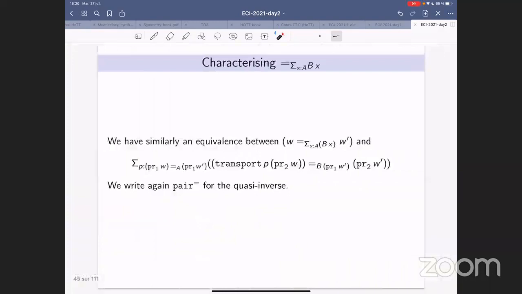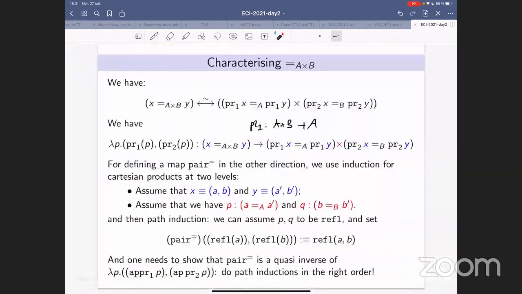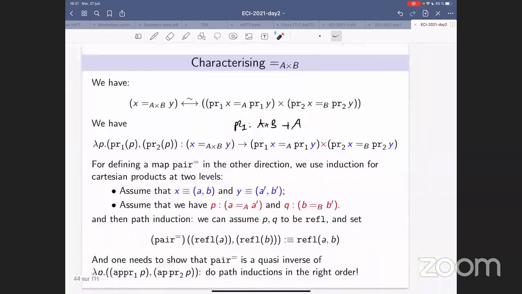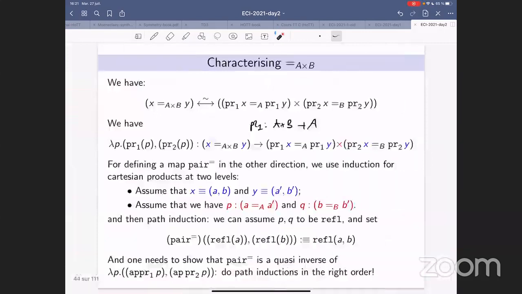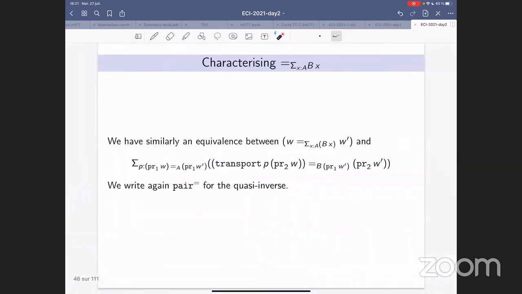Okay, so now what happens if the product is in fact a dependent one? Sorry, a dependent sigma type. That's here. Okay, so I will not detail, but we can prove again that the equality type W equals W prime in this type is equivalent to this type.